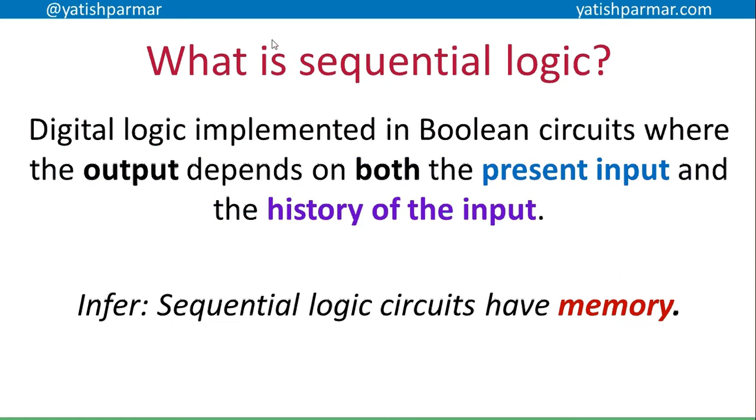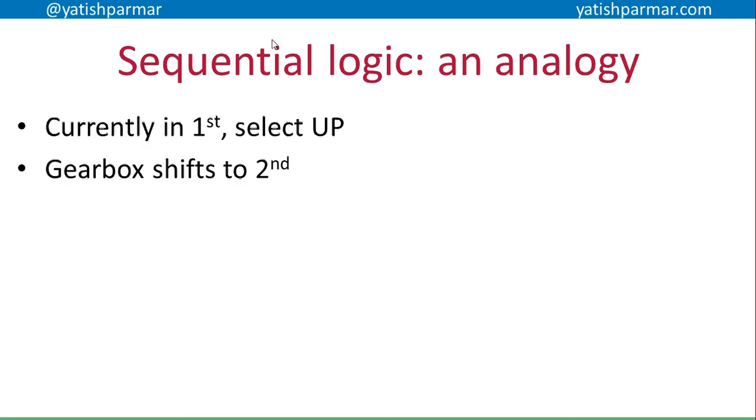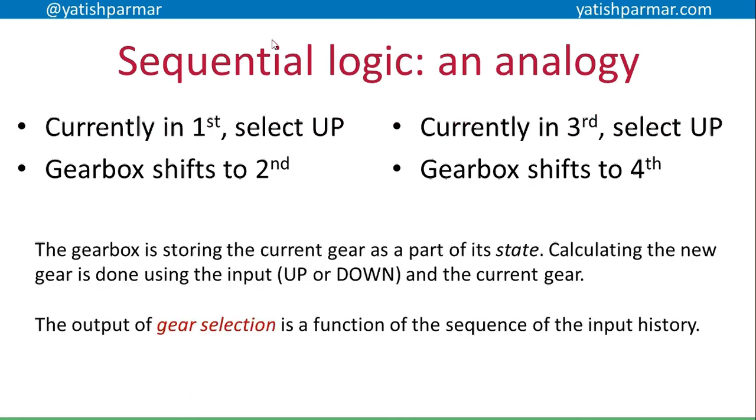So we're going to have a little analogy first, so you can understand what I'm talking about when I keep saying that sequential logic is a function of the sequence of inputs. If I'm driving my car and I'm in first gear and I select up on my shifter, the gearbox is going to shift to second. Likewise, if I'm in third and I select up, the gearbox is going to shift to fourth. That means the gearbox is storing the current gear as a part of its state.